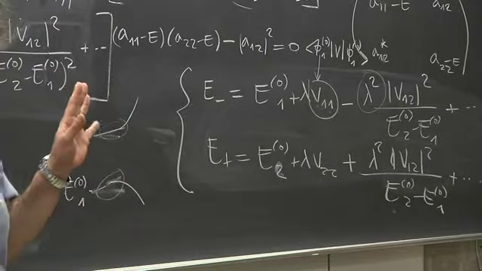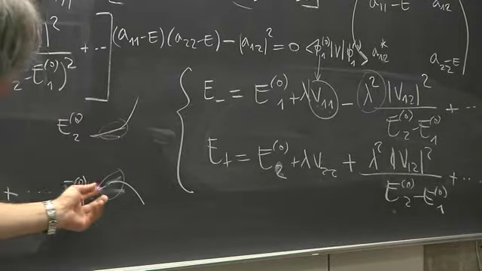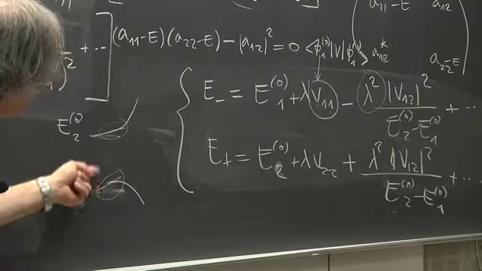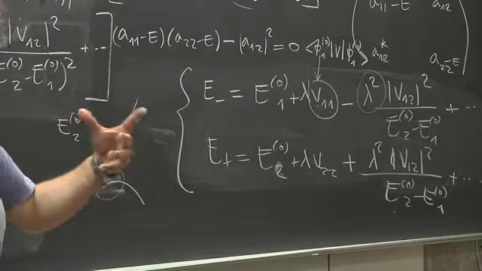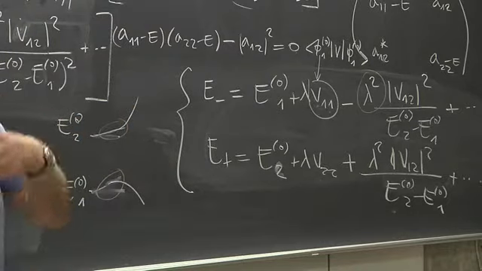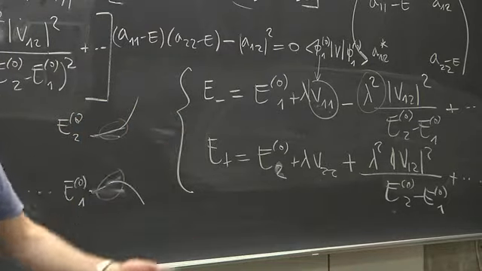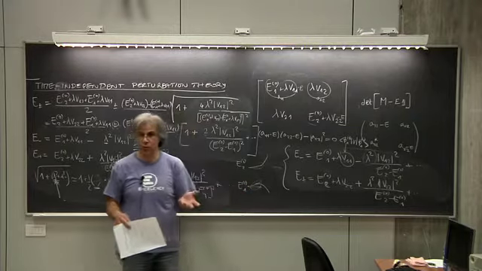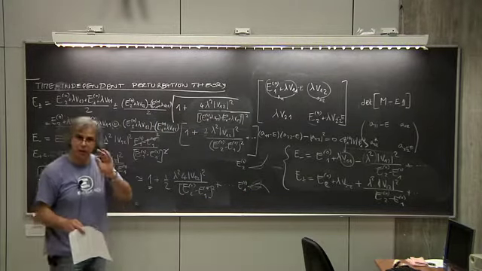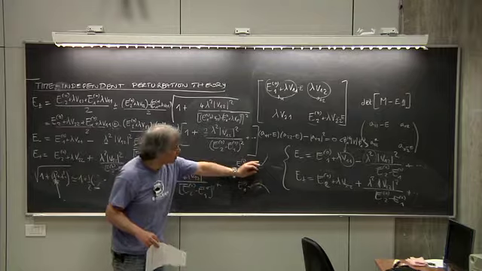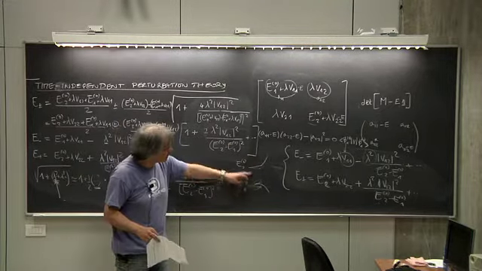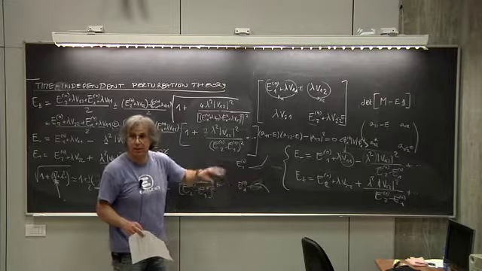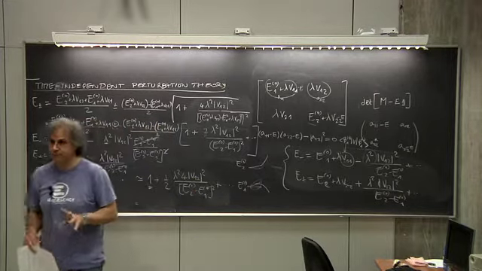As long as these are small corrections to the initial eigenvalues, you believe them. When they start to grow big, then you should worry about what happens to order lambda cubed, lambda to the fourth, and so forth. So this allows you to calculate small shifts of non-degenerate levels, in the sense that the two eigenvalues are separate. Okay? Good.